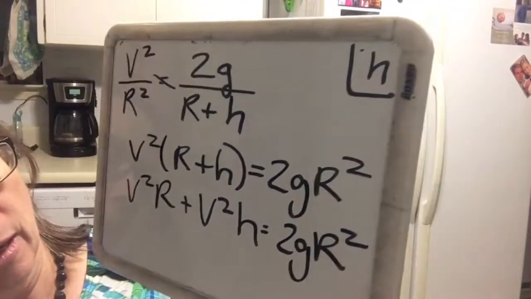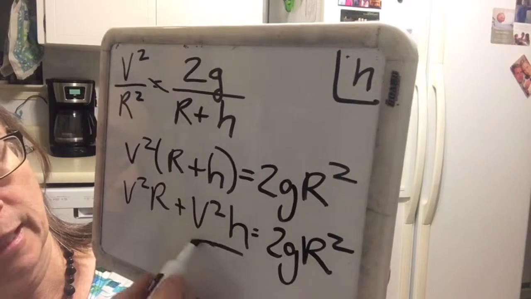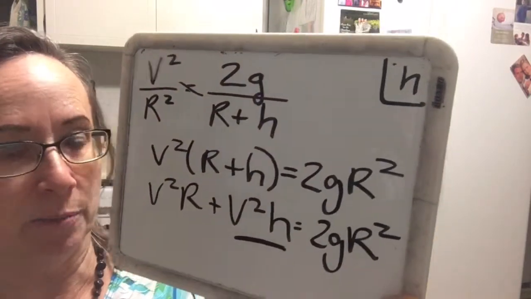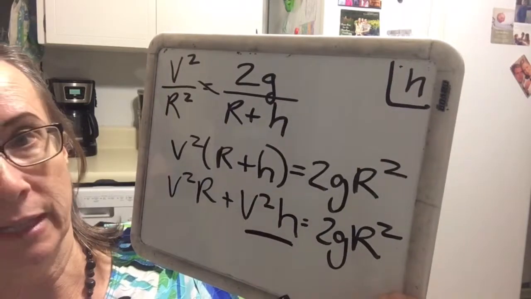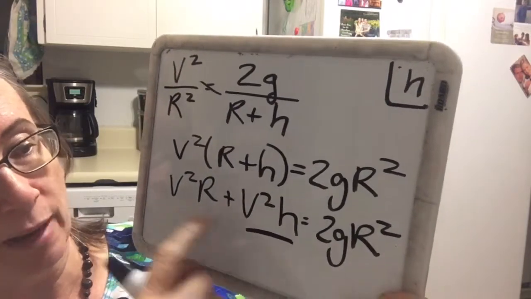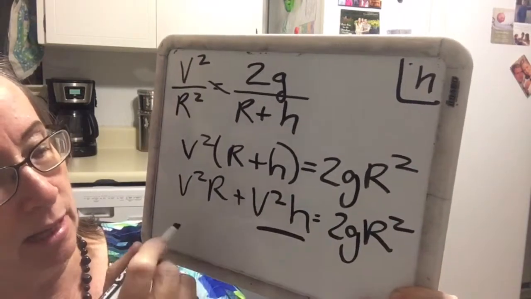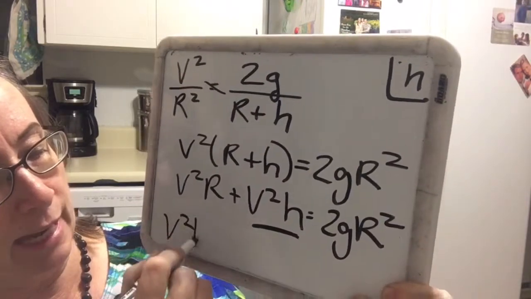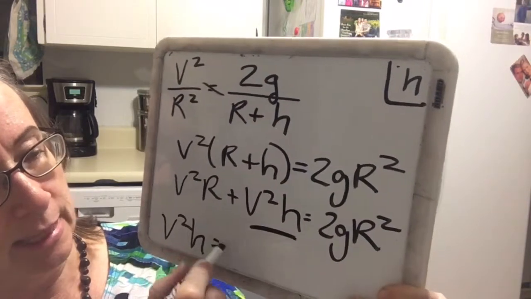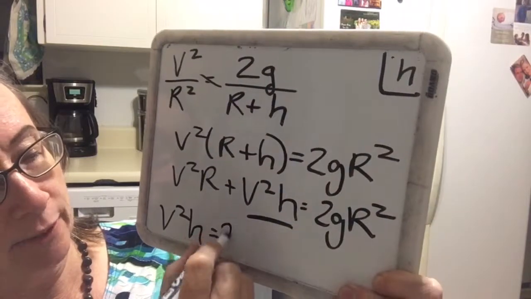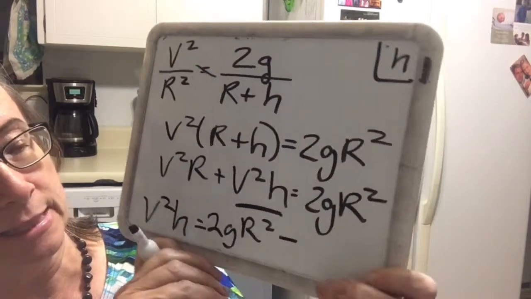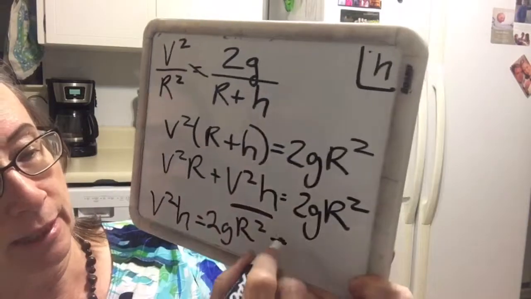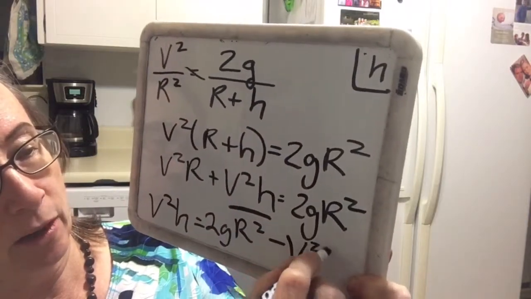Okay, so now this is the one I'm trying to get by itself. So let's get that term by itself. And we're going to get this one over here on the other side. So we're going to subtract it from both sides. So now I'm going to put the V squared H out front. And then on the other side, I'm going to have 2G R squared minus, so I'm minusing this one right here, V squared R.